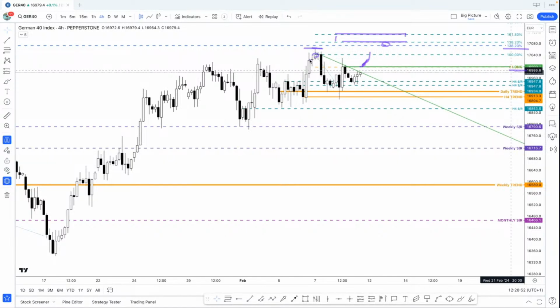It was only very close to this zone. So if the 4-hour closes above this level, then we have a 1, 2, 3 on the 4-hour. That's a very strong signal for the long side, and from here to here, it's a nice area.